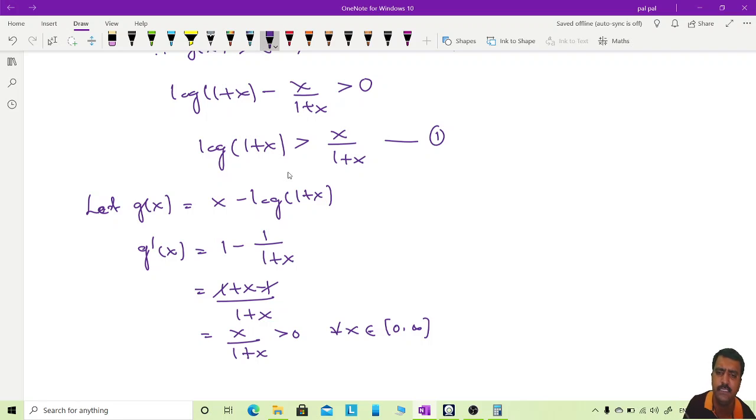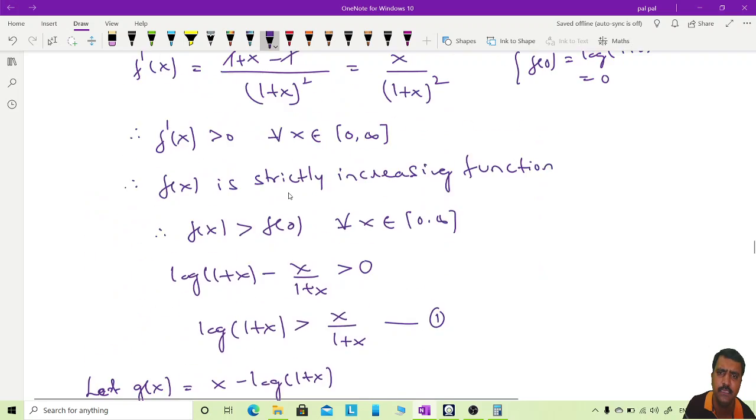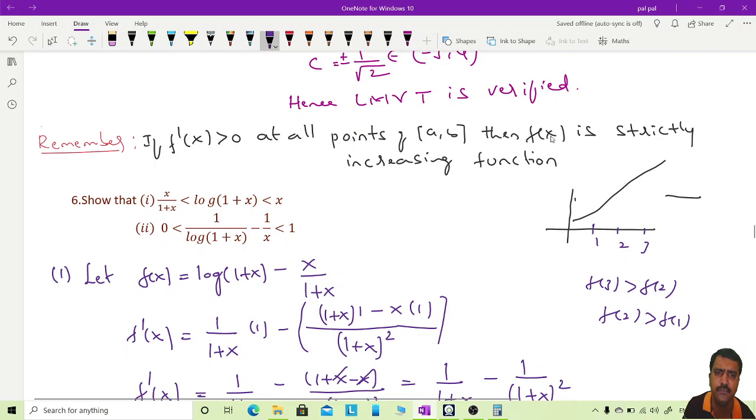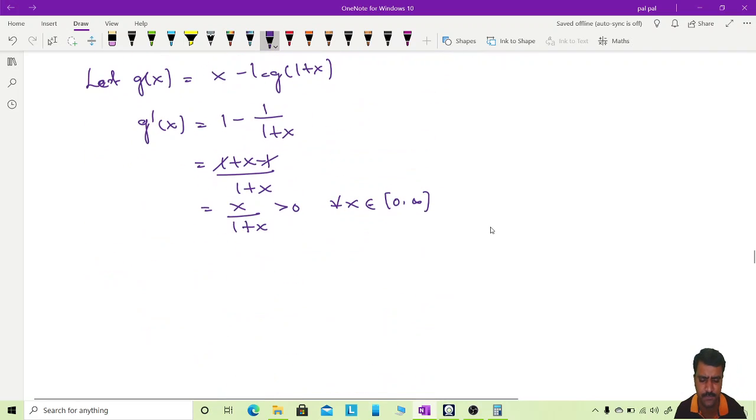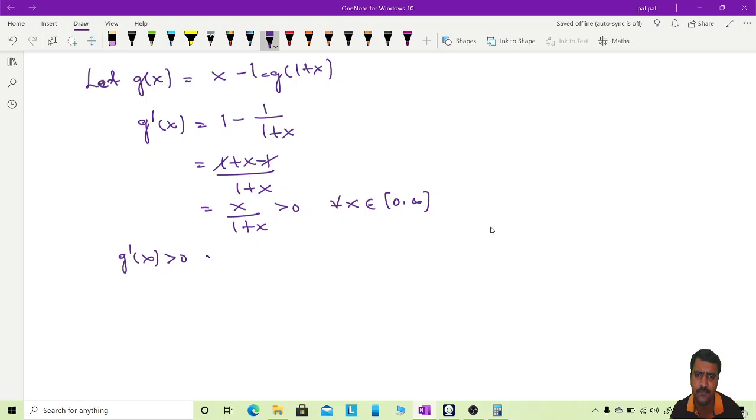That means g dash of x is greater than 0. So according to this result, g dash of x is greater than 0, which implies that g of x is a strictly increasing function.